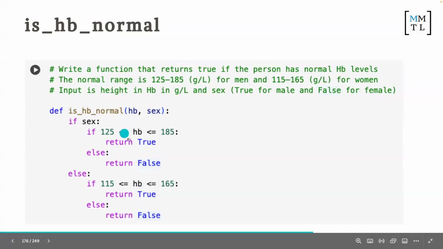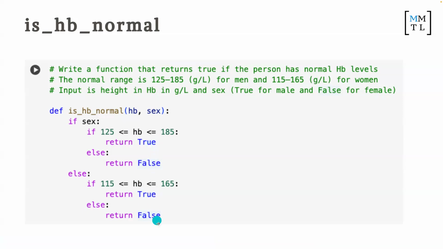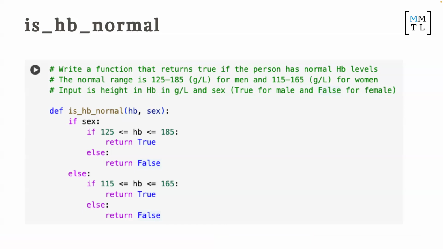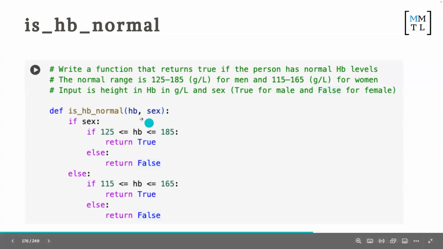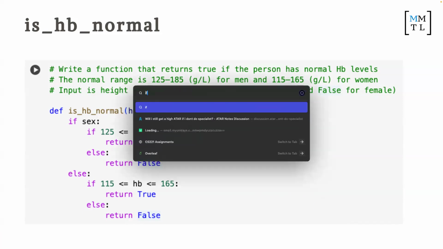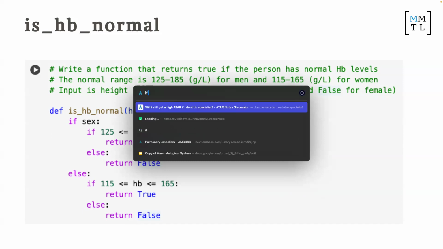But notice how in my function, I return true, false, true, false. That makes the function really useful because that's what a predicate function needs to do. If you return like normal or abnormal, that's fine. You can use it as the end product. But to build really good modular code, sometimes we're going to need to write something like if someone's HB is normal.